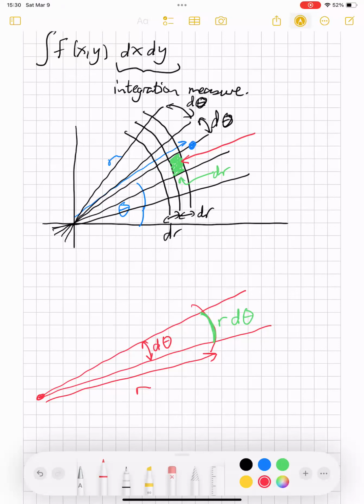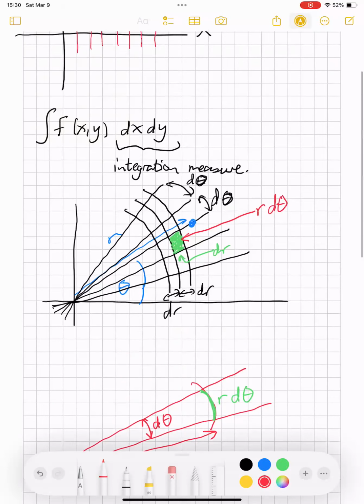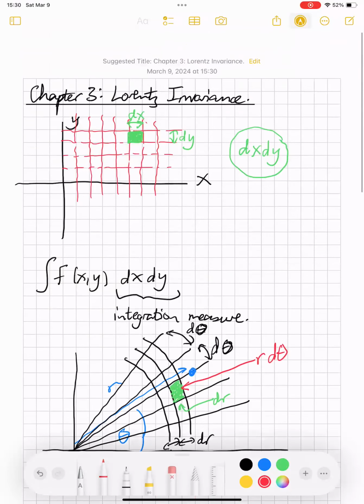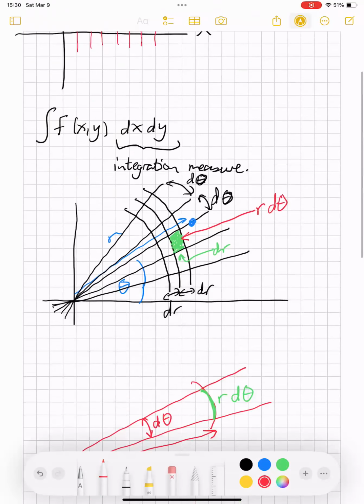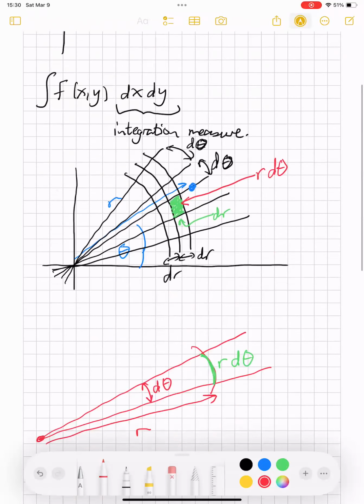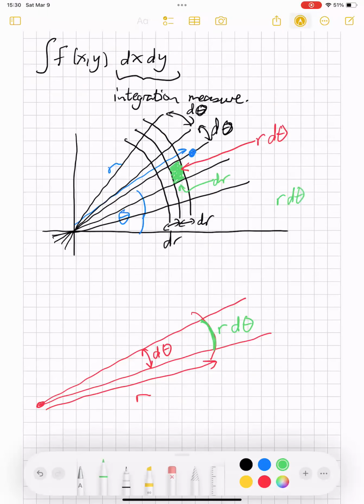So this length is r d theta. Before, the area was dx dy; now the area is going to be r d theta, the length of one side, and the other side has a length of dr.